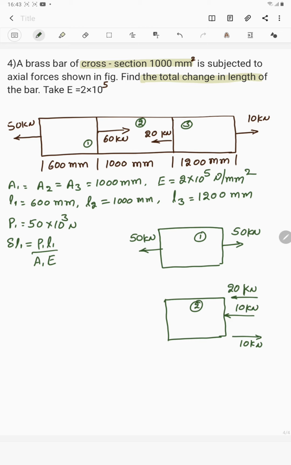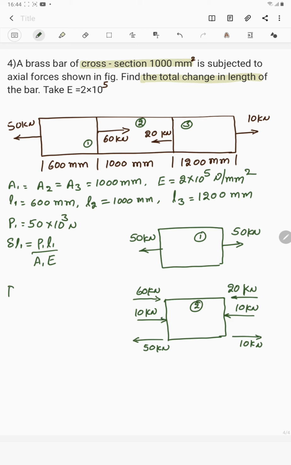On the other side also, 60 kilonewtons in this direction and 50 kilonewtons in this direction. The resultant load is 10 kilonewton.